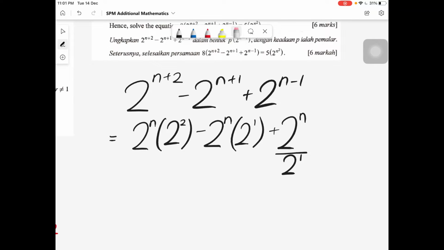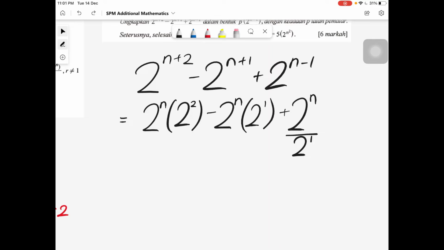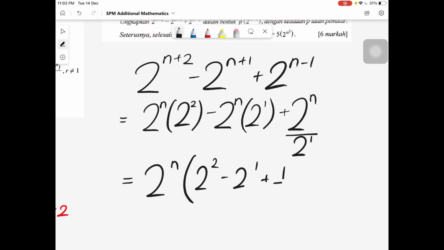So what you can notice is this. There is 2 power of n here, 2 power of n here, and 2 power of n here. Can we factorize 2 power of n? Yes, we can. So 2 power n, and then we can put a bracket here. We have 2 power of 2 minus 2 power of 1 plus, okay, this is an interesting one, 1 over 2 power of 1.